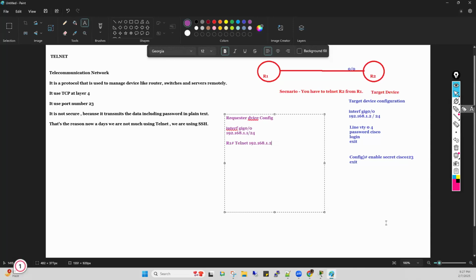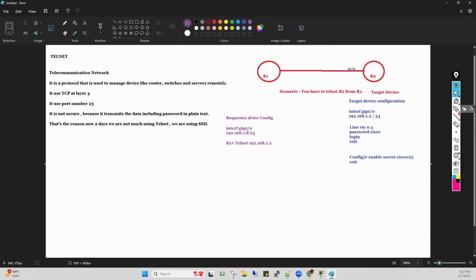So this is the command you need to run on R1. So when you write this command, telnet 192.168.1.2, it will prompt for the password.